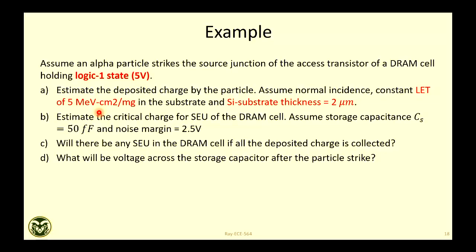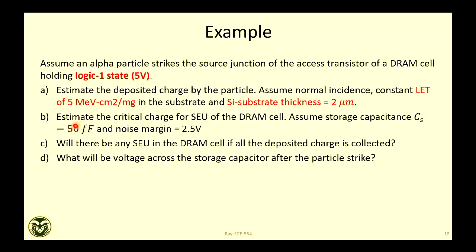LET is 5 MeV, so 5 times 0.01 picocoulomb per micrometer. This is the unit. So the thickness is 2 and 0.01 times 5 gives 0.1, right? 0.1 picocoulomb will be deposited.